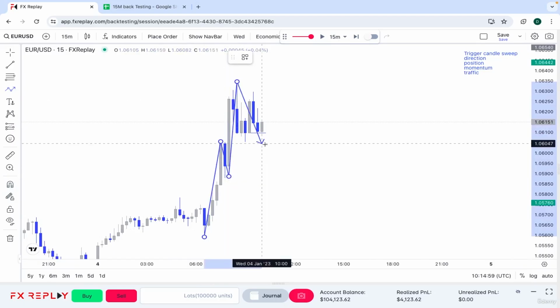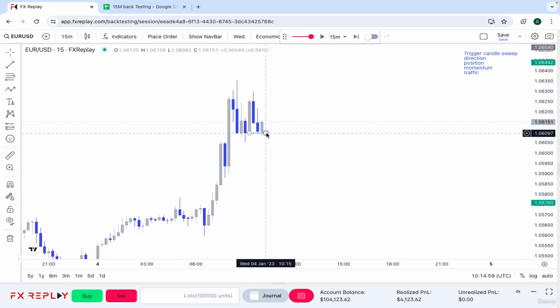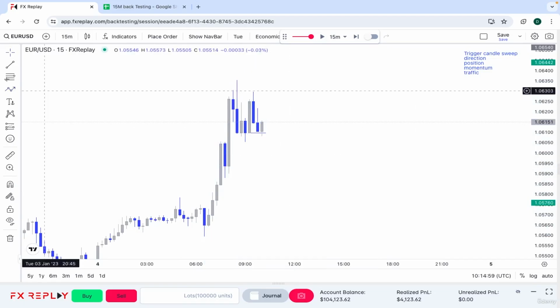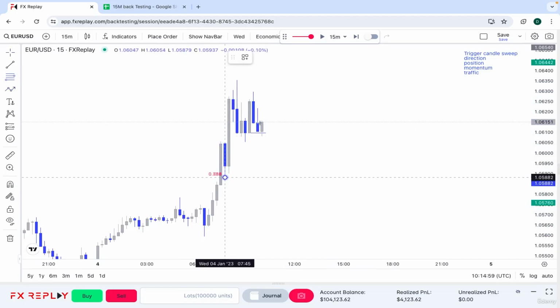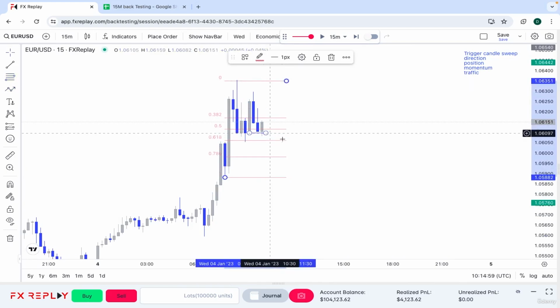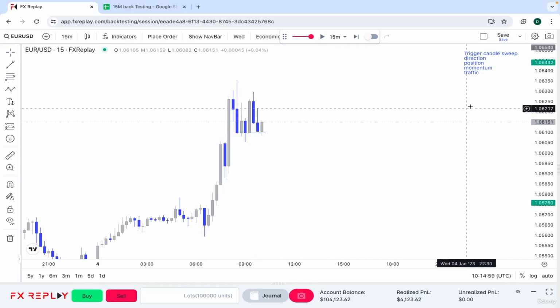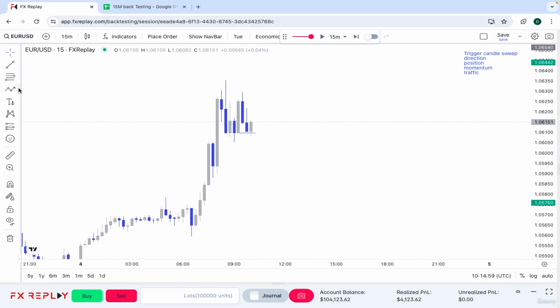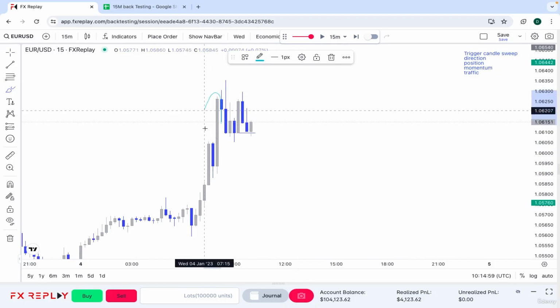So we're still within this range to go higher. Now position, let's just draw the fib from the previous low to there. Yeah, we've come between the 50 and the 68.